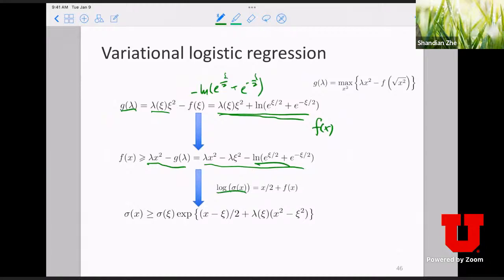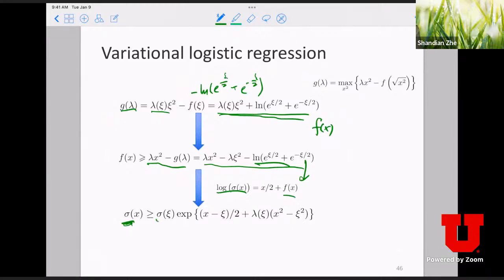And remember, our goal is to get a lower bound of the log sigma function. From our derivation a minute ago, we knew log sigma of x is half x plus this f of x. You just shove this lower bound in, then you take the exponential, you get a lower bound of your sigma function.